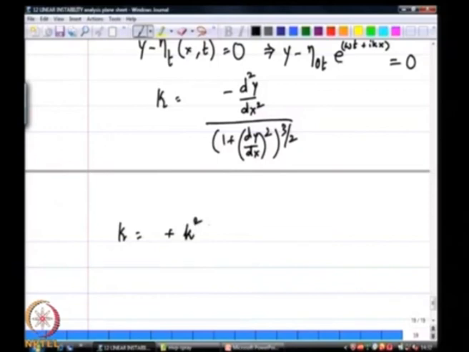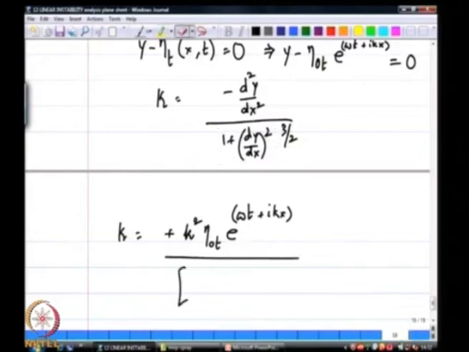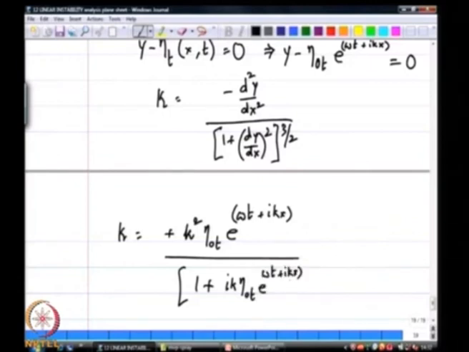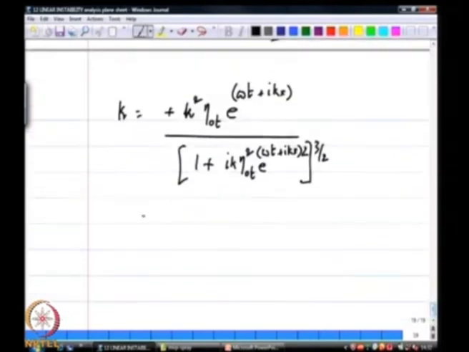So, this becomes plus k squared eta 0 t. dy dx is essentially I k, using the Taylor series expansion that we had.